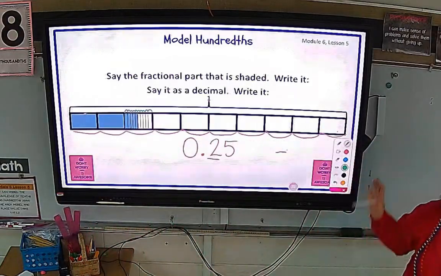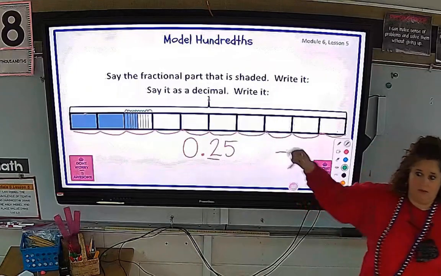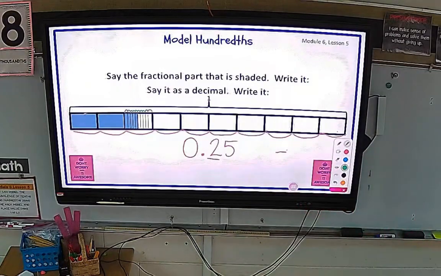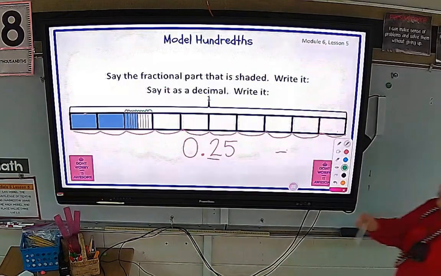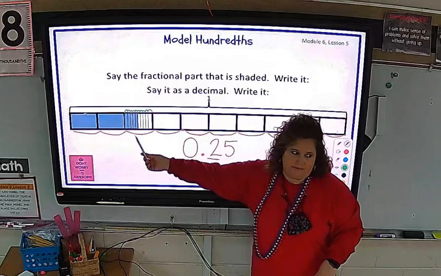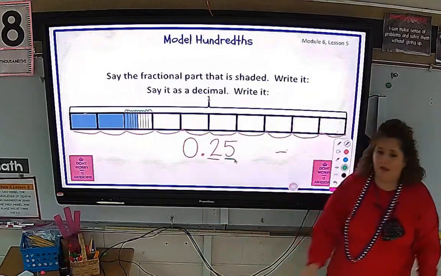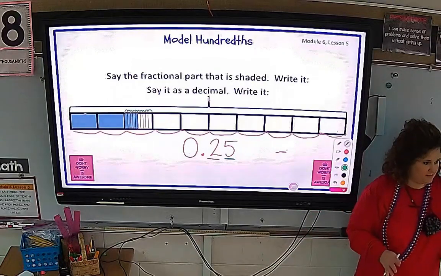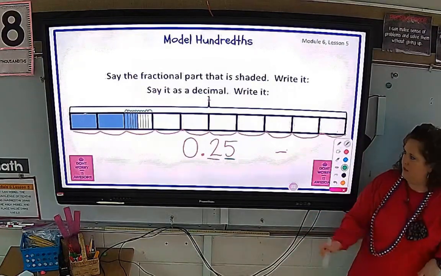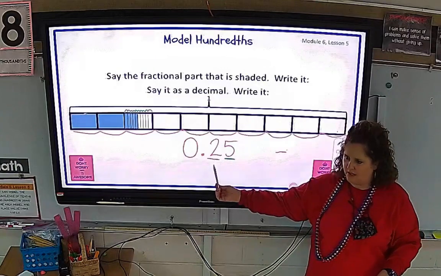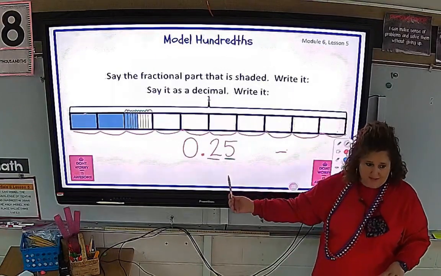Because if I cut all of these boxes into those itty bitties, I'd have how many? I'd have 100. So those little itty bitties are hundredths. How many hundredths are shaded in? And the 5 is in the hundredths place. Okay? All right. So we've got 2 tenths shaded in. We've got 5 hundredths shaded in.